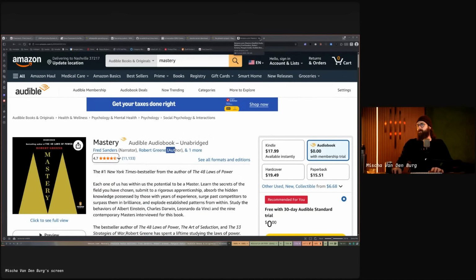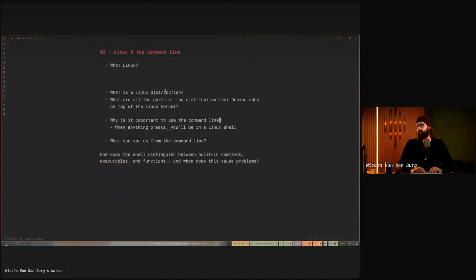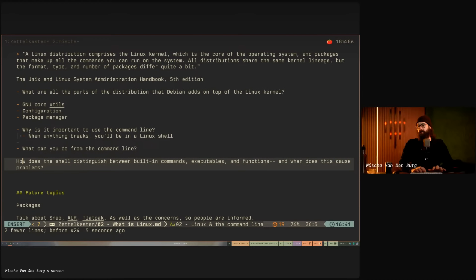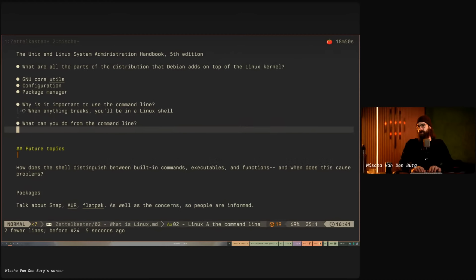Okay, done some questions. Let's move on to the next section. So what I wrote here: what can you do from the command line? Future topics here. What can you do from the command line?